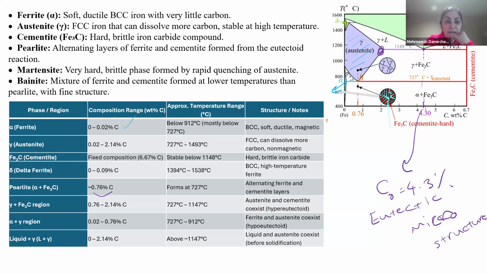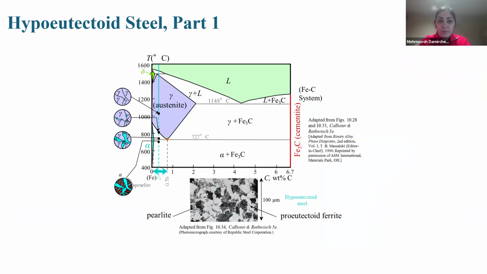And other things, for example, gamma plus cementite you see here, alpha plus cementite you see here. We have other phases such as martensite and bainite that I told you you cannot see in the phase diagram. You should see that in the time temperature transition diagram that we will talk about in the next video.